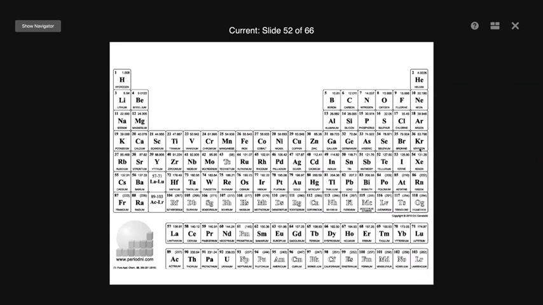So this is 2p, 3p, 4p, 5p. So 5p, 1, 2, 3, 4, 5, 6. That is equal to xenon. So that's why our last answer would be xenon.